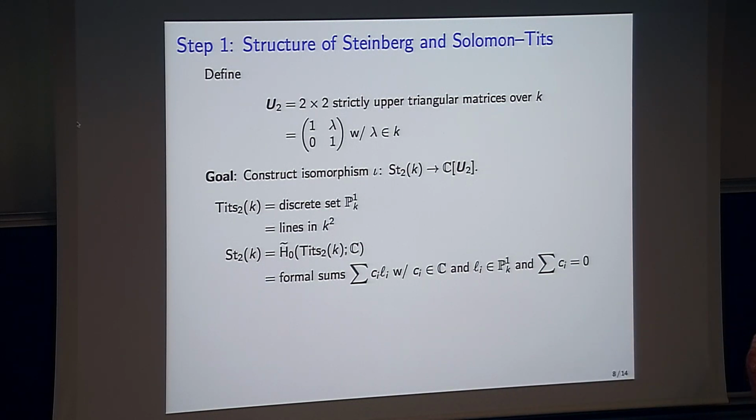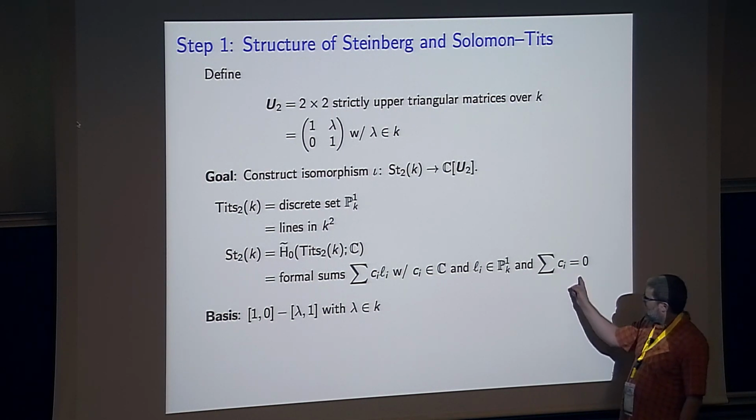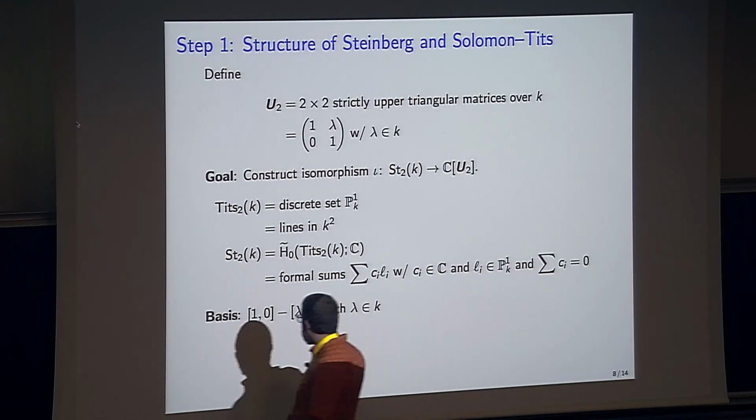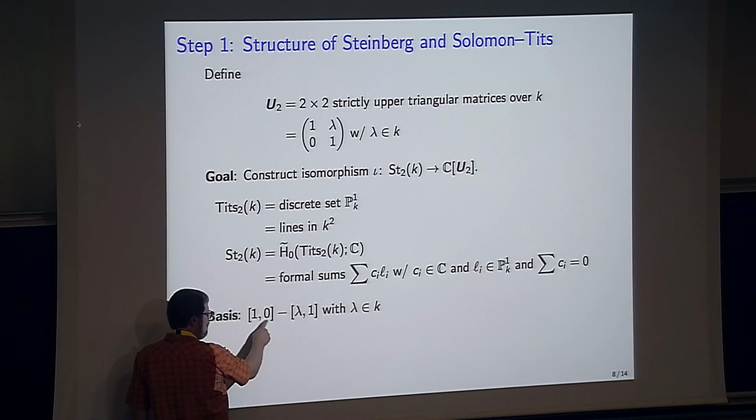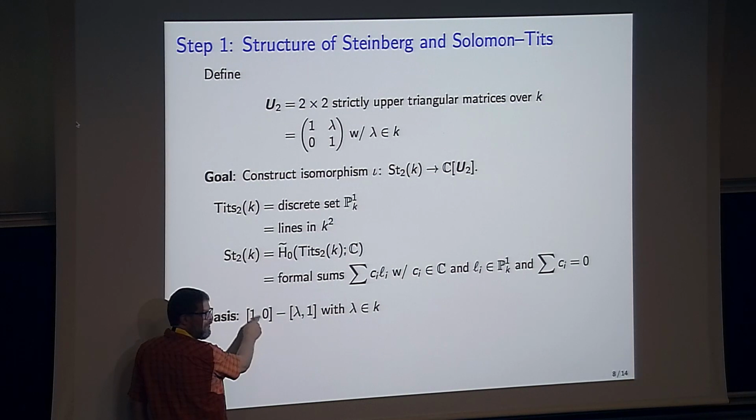And I claim that we can come up with a vector space isomorphism between that and this group ring of U2. And well, how do you do that? Well, here's a basis for the Steinberg module. I told you the total sum has to be 0. So one possible basis is you choose some line. Here's a line. I'm using projective coordinates, right? Homogeneous coordinates for projective space.